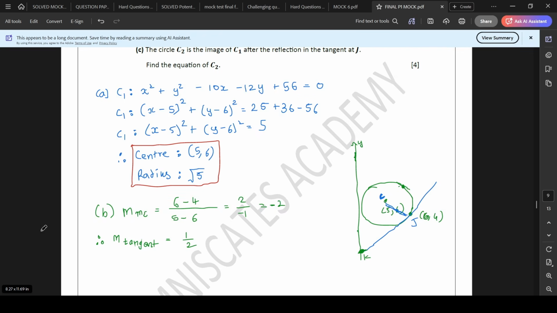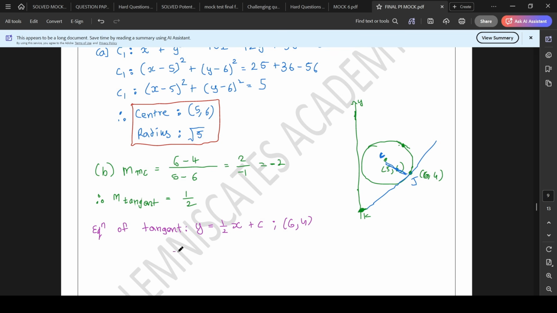Now, how will I find the equation of the tangent? I'll just write the equation of tangent is y equals half x plus c. And I'm going to pass the coordinates which I know on the line, 6 comma 4, to find the value of c.